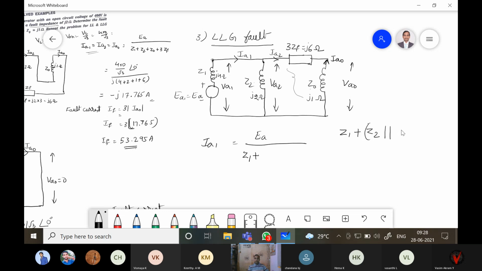So Z1 is in series with this parallel combination.